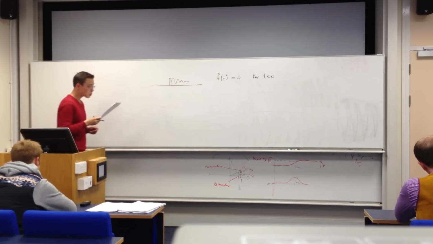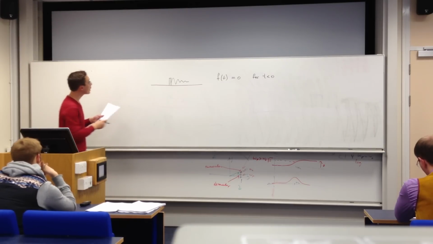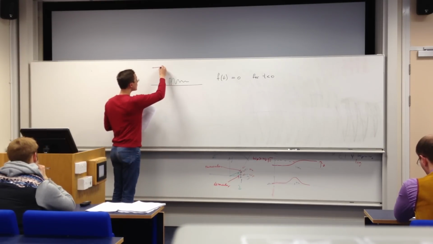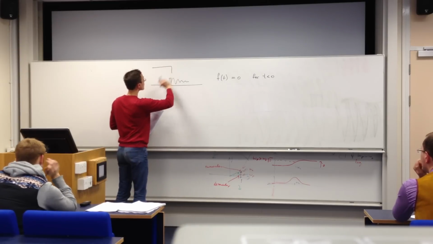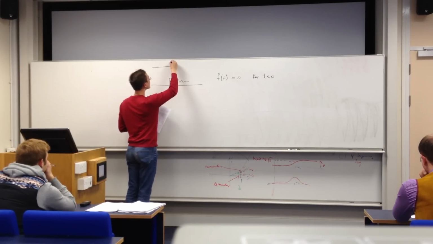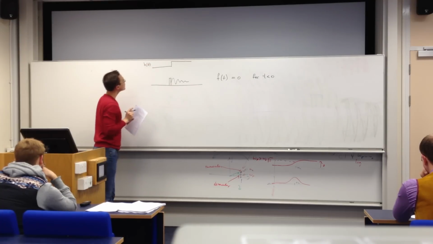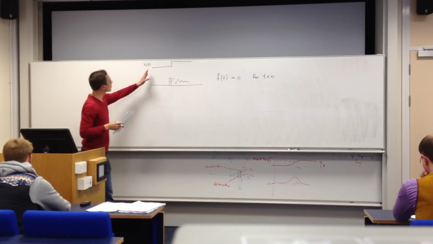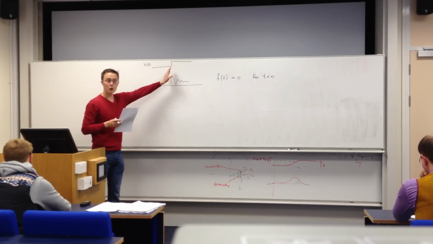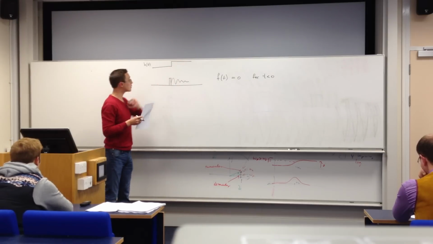And so the response should not change if we multiply it by what's called a Heaviside step function. So this is h of t, and it is defined as a function that is 0 for t less than 0, and 1 for t greater than 0.